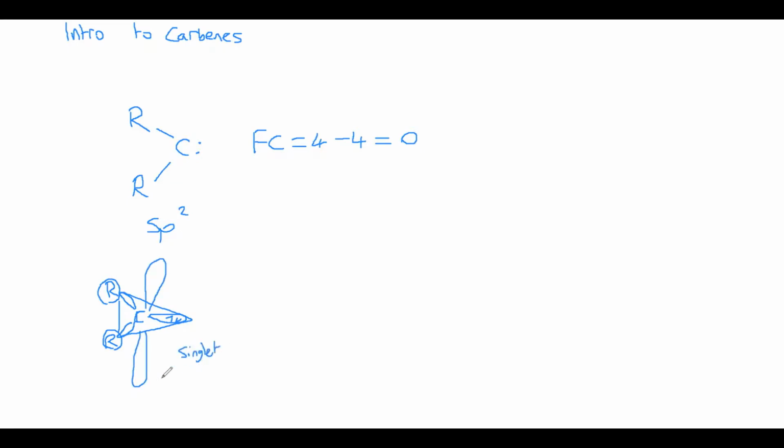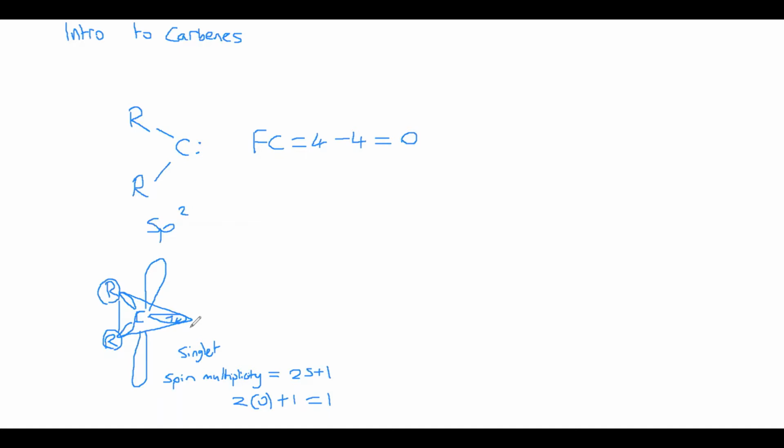This comes from our spin multiplicity equation, where our spin multiplicity is equal to 2s plus 1. As we can see, s here is 0 as our spins cancel out. So we've got 2 times 0, which is 0, plus 1, giving us 1, which is where our singlet comes from.